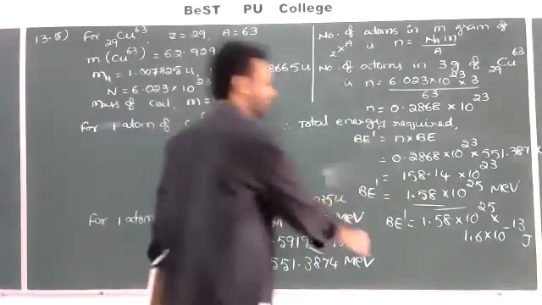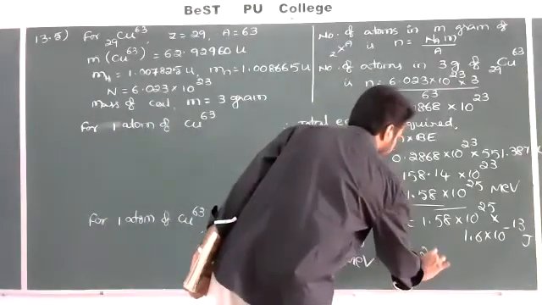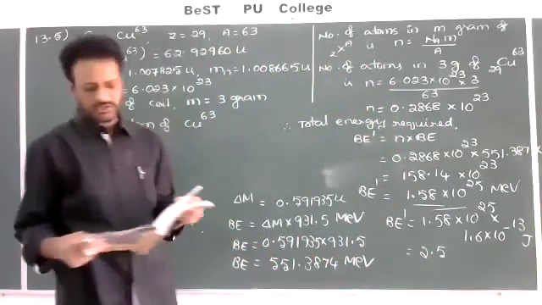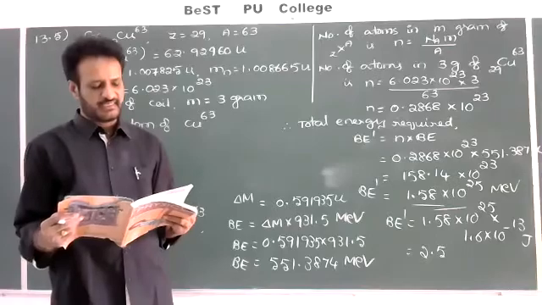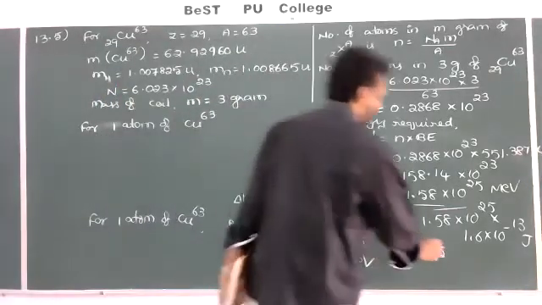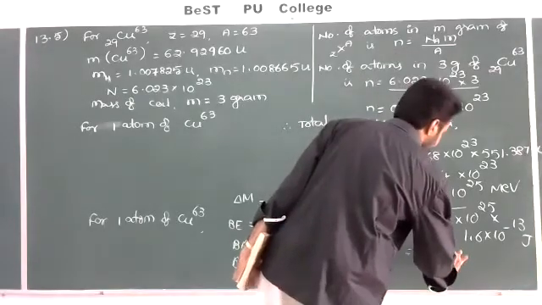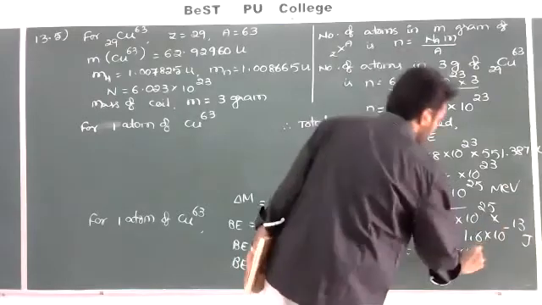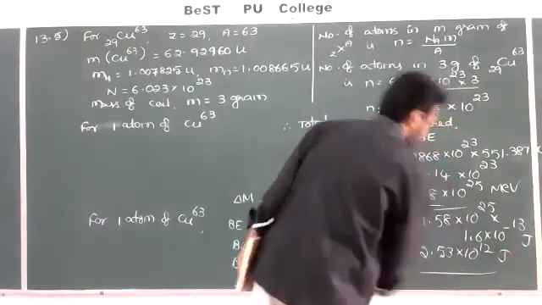If you multiply both, we get 2.528, approximately 2.53, which you can write as a rounded value. So nearly 2.53 into 10 to the power of 12 joules.